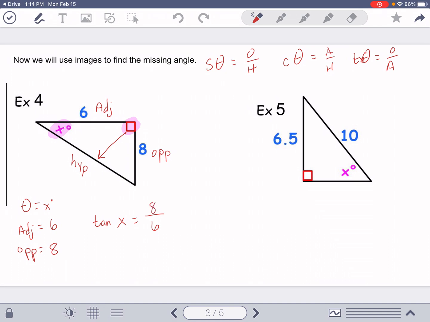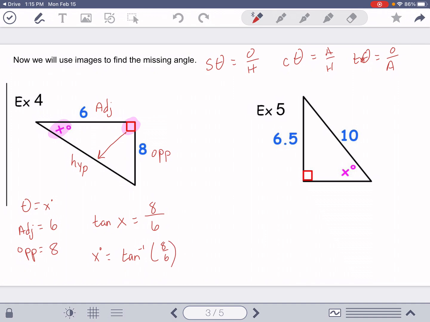Now earlier, I was telling you that all you had to do was type in this 8/6 and that would be your answer, because you were looking for something different. In these problems, we're actually trying to figure out what that x value is. So we're going to use the inverse function. You would say x degrees equals tangent to the -1, and then you put that fraction in parentheses.